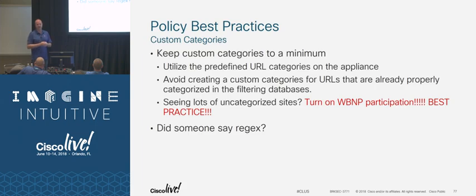And it also helps with all those uncategorized sites. So for customers who have an uncat issue, and you've made the poor decision to block uncategorized sites, that will lessen some of your pain. It won't make it go away, but it'll lessen it a little bit.